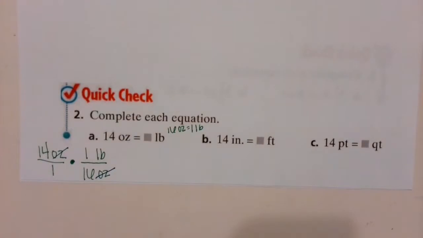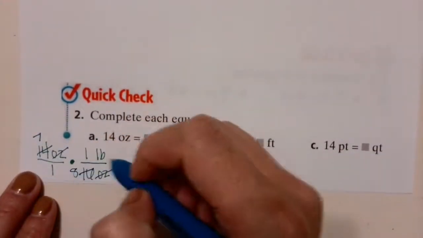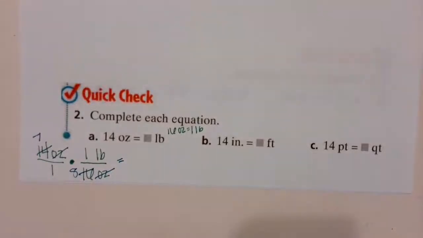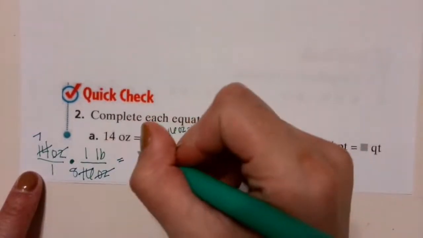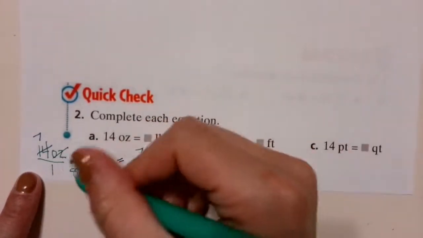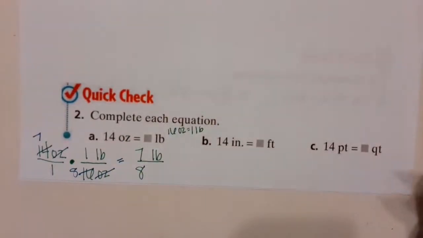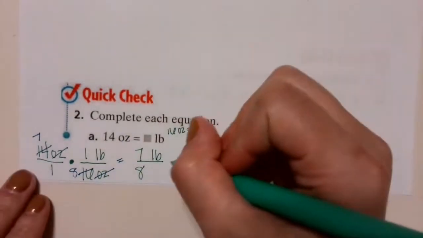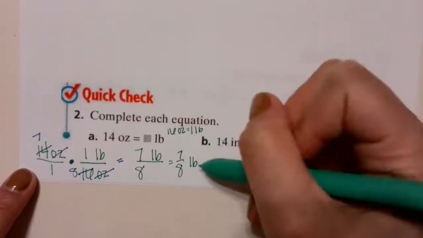Both 14 and 16 are even, so I can divide each of those by 2. So this would go to 7, and this would go to 8. Okay, and 7 times 1 times pound is 7 pounds on top. Bottom, 1 times 8, with no ounces anymore, is 8. So I could rewrite that as 7/8 of a pound.